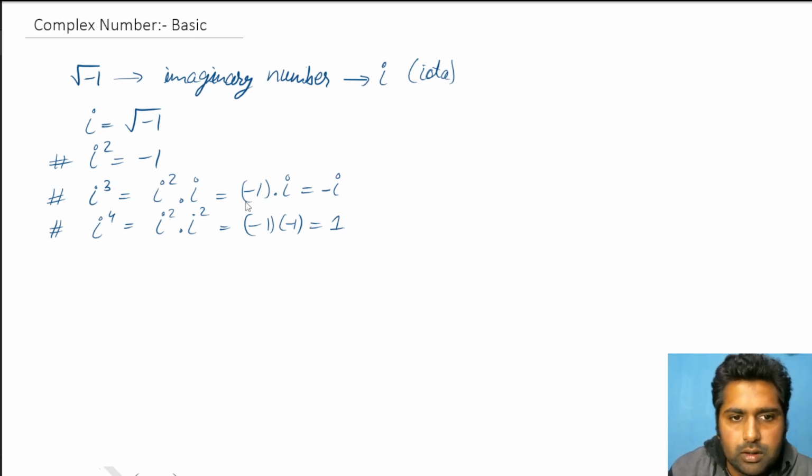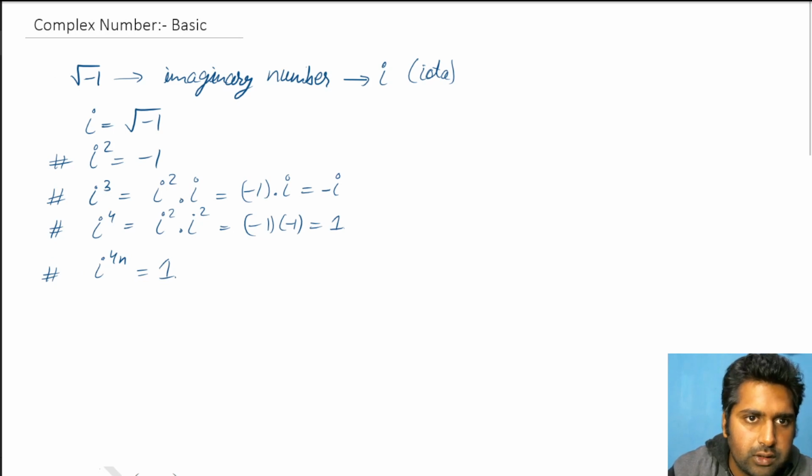What about higher powers then? For higher powers, the general idea that we'll use is that i raised to power 4 into anything is always 1. So this particular rule will help you a lot.